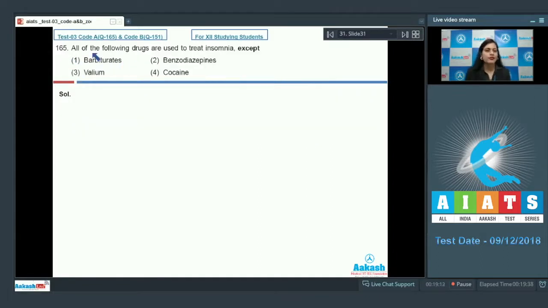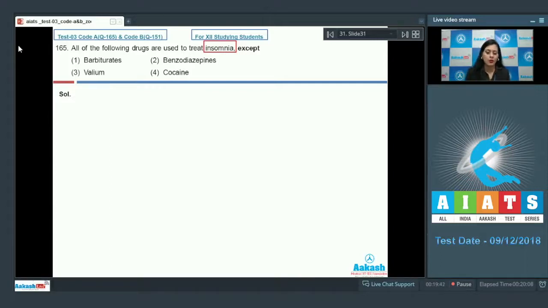Question number 165. All of the following drugs are used to treat insomnia except. So you need to find out which drug is not used to treat insomnia. And what do you mean by insomnia? A person suffering from insomnia faces difficulty in falling asleep at night. Now drugs that suppress the activity of CNS or brain are used to treat this condition called insomnia.